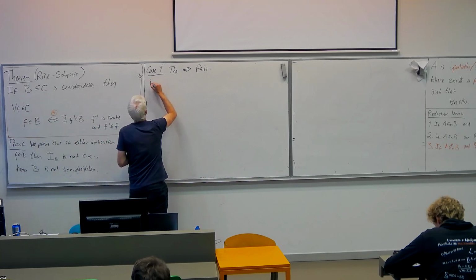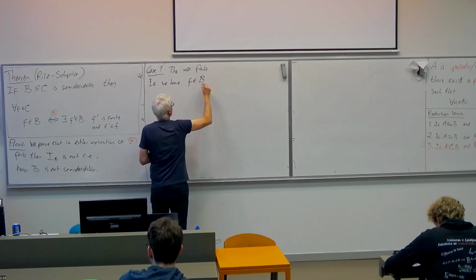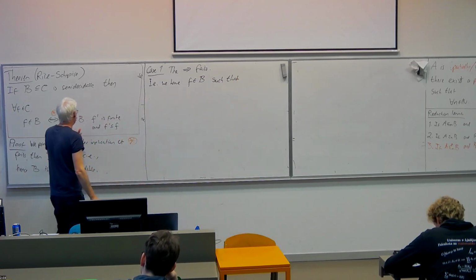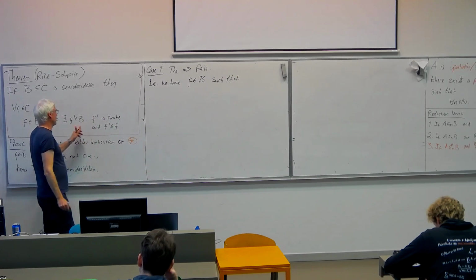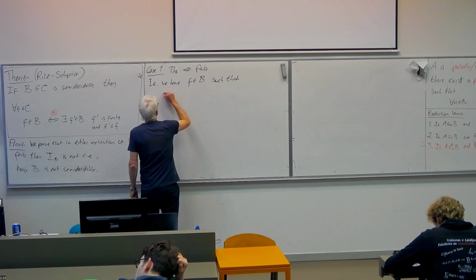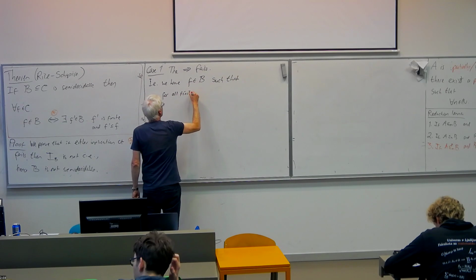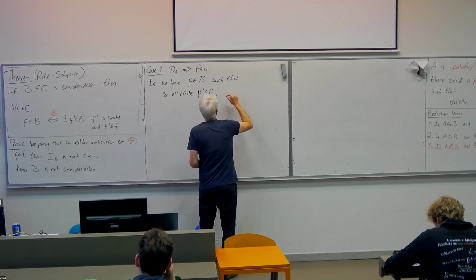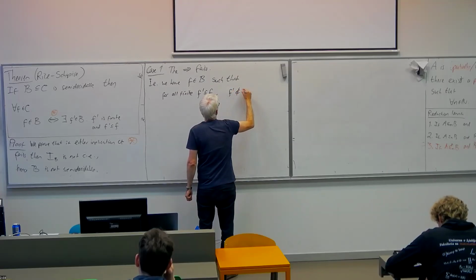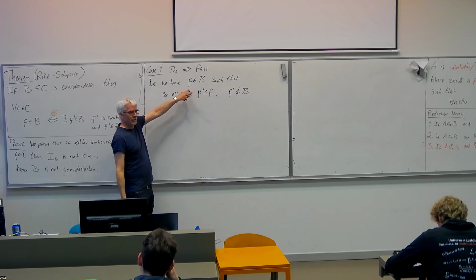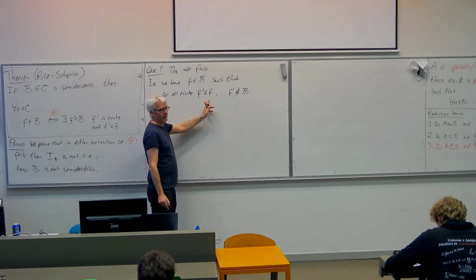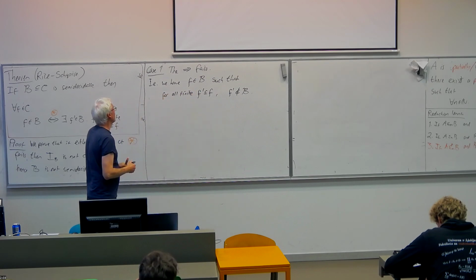I.e., we have some f in B, and we'll keep this f and use it, such that for all finite subfunctions of f are outside of B. So such that for all finite f prime subfunction of f, it holds that f prime does not belong to B. So notice that f cannot itself be a finite function, because if it were, then we could use f prime equals f. f is necessarily not a finite function.